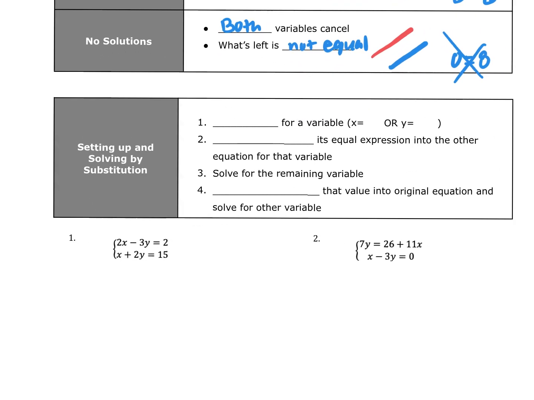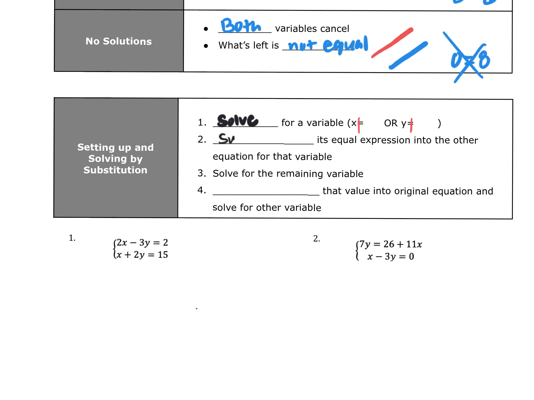Okay, the first thing we're going to do when solving by substitution is solve for a variable. What that means is we want just our x or just our y all by itself on the left-hand side of the equal sign. Once we have that all by itself, we're going to substitute its equal expression into the other one.